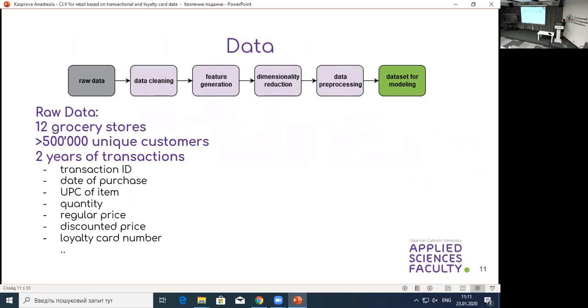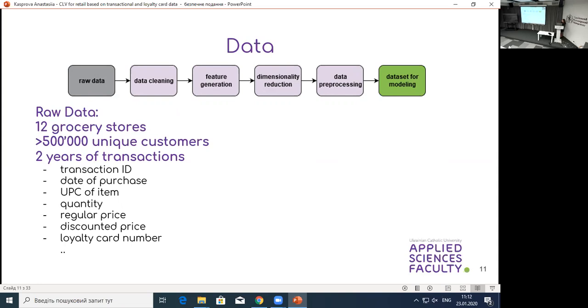However, this is a grocery retail chain in the United States, and the data we obtained contained transactions and loyalty card data from 12 grocery stores, having 500,000 unique customers and 2 years of transactions. Among other entities, this data contained transaction IDs, date of purchase, UPC, something like a barcode, quantity, regular price, discounted price, and loyalty card number. Actually, the loyalty card number we use to identify the customer.